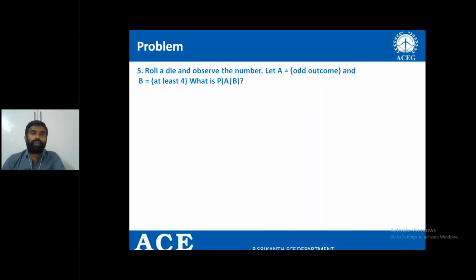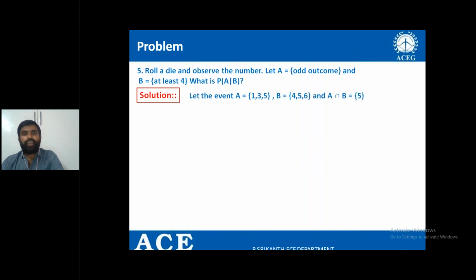Then what is the probability of A given B? A given B means, if B has occurred, what is the chance of getting event A? I repeat, if event B has occurred or been achieved, what is the probability of achieving event A? How do you find it? By using the previous relations.